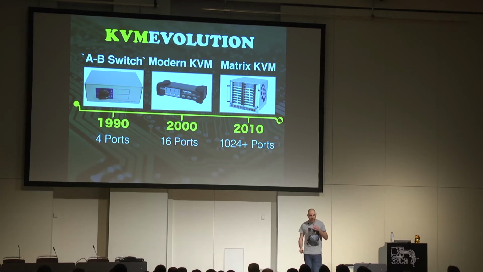Now, we come to a conceptual problem. A lot of guys, and when I say guys, I mean system administrators, security administrators, security researchers, still consider today's modern KVMs as those same old stupid analog boxes. Well, are they stupid boxes?